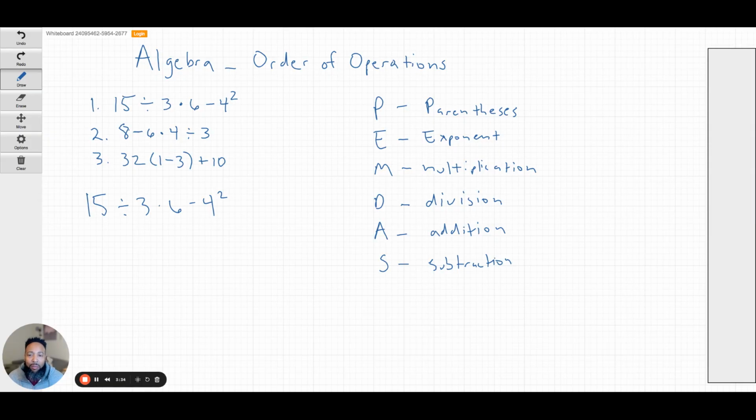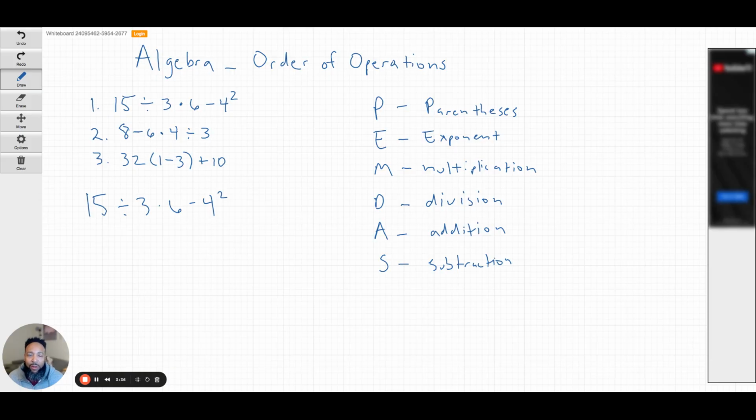So when we look at PEMDAS, first thing we see is, there's no parentheses, so let's go to the next one. We have exponents. Yes, we do have exponents. The exponent is 4 to the second power. 4 to the second power is essentially 4 times 4, and that gives you 16.